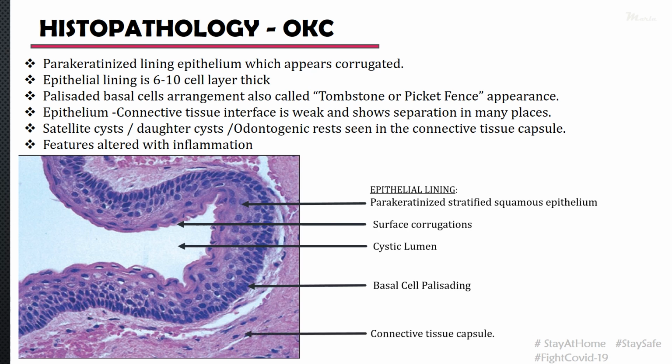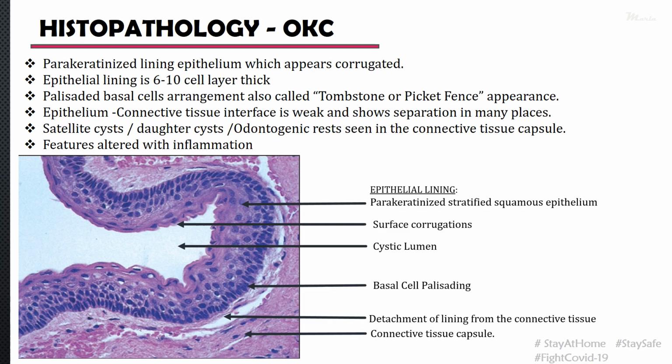The connective tissue capsule is surrounding the epithelial lining. This connective tissue is composed of fibroblasts and collagen fibers. It is common to see an area of detachment between the epithelial lining and the connective tissue, leading to cleft-like spaces.